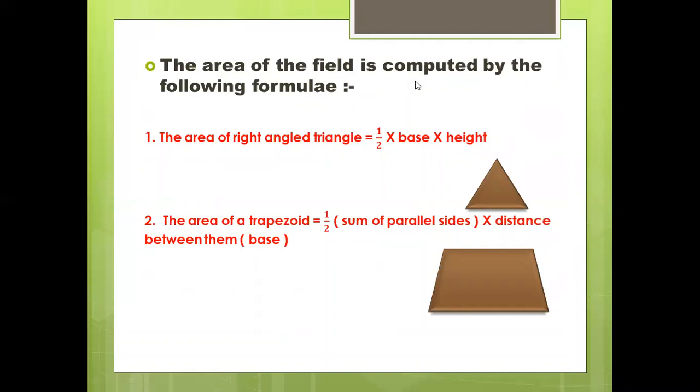As you know, the area of a right angle triangle is half into base into height. That is the formula to calculate the area of a triangle. And second is the area of a trapezoid, which is half into the sum of the parallel sides into the distance between them. That is the formula for calculating the trapezoid.